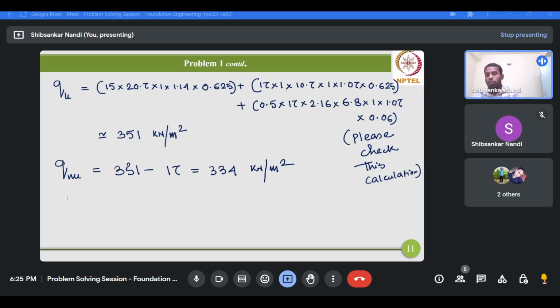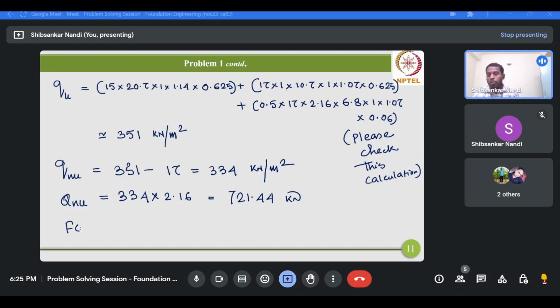So 334, so therefore the QNU value, this would be 334 multiplied by the 2.16, that is B prime. Okay, so 721.4 kilonewton.